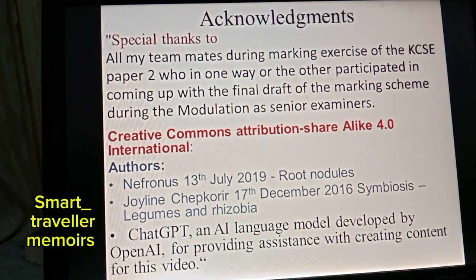Authors: Neflanas, 13th July 2019, Root Nodules; and Joyrine Chepkori, 17th December 2016, Symbiosis, Legumes and Rhizobia; and finally, ChatGPT, an AI language model developed by OpenAI, for providing assistance with creating content for this video.